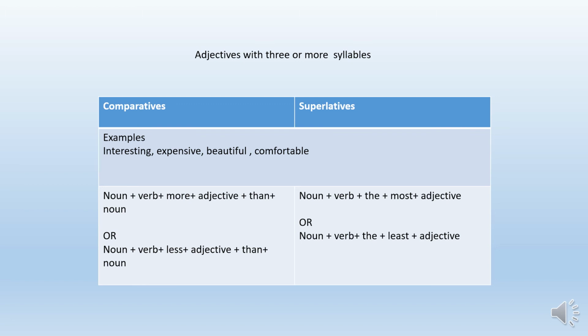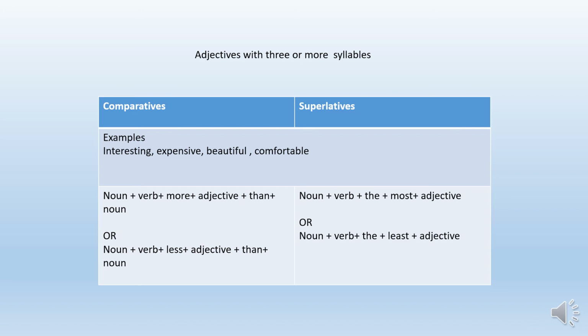So how are we going to form the comparative and the superlative forms of each one of these adjectives? We are going to put, as you can see here, first the noun or the subject plus the verb and more plus the adjective. So we are not going to add er here.